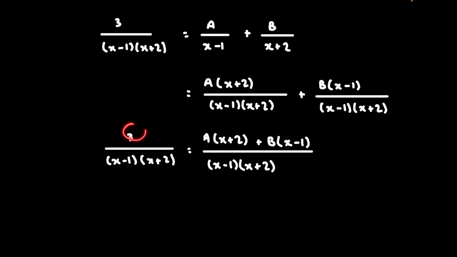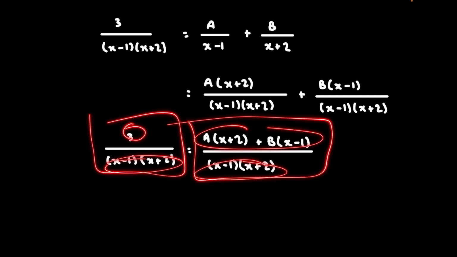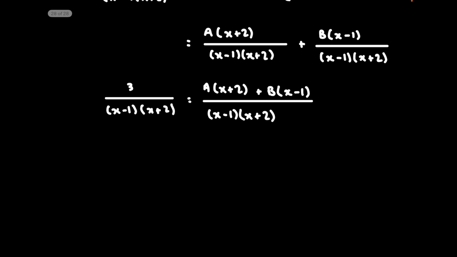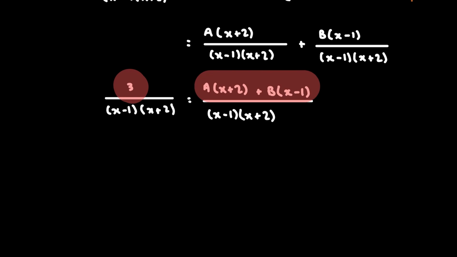The numerators are the same, denominators are the same, and hence the entire fraction is the same. So comparing numerators, 3 is simply equal to a times x plus 2 plus b times x take 1.